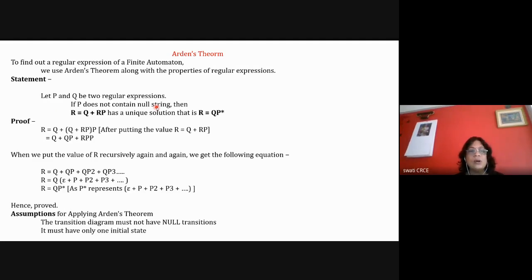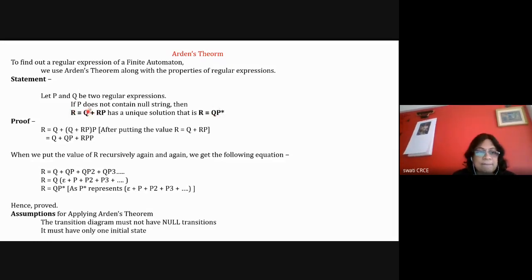So if there are no empty symbols in P, and if you are having the regular expression like R is equal to Q plus RP, then this can be rewritten as R is equal to QP star. So if you are having something like R is equal to Q plus RP, this is nothing but R is equal to QP star.